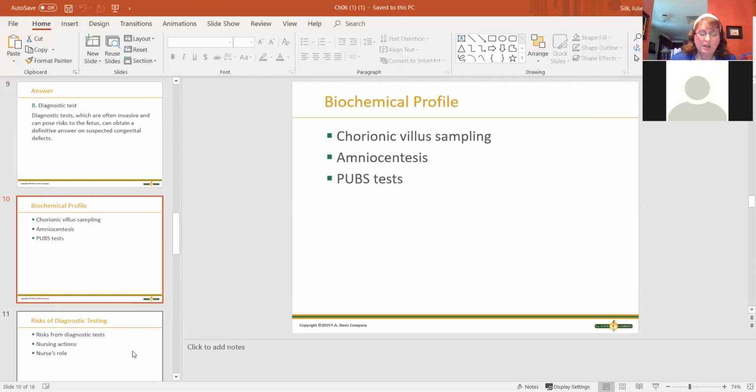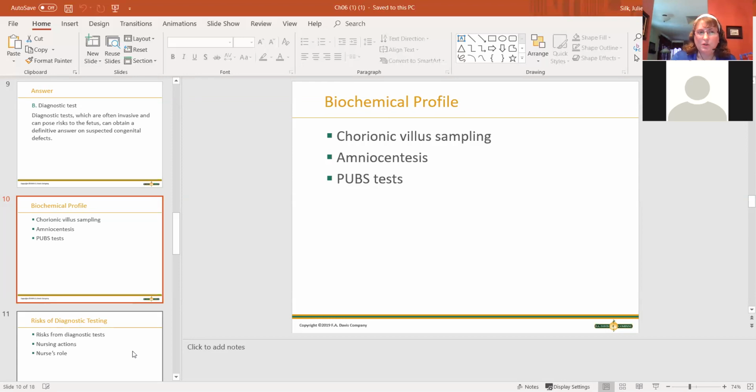So this can be done a couple of different ways. They can do it transvaginally, where they actually go through the cervix and get their sample that way, or they can actually go through the abdominal wall using a needle and aspirate the placental tissue from that.